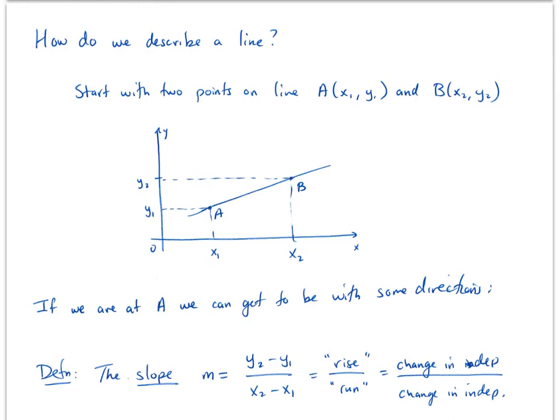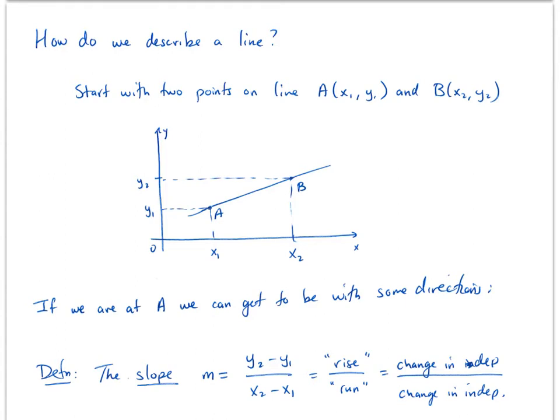So the way we describe a line is similar to how we would describe to a person that's standing at point A how to get to point B. It's almost like the way you'd give a person directions. In order to get from point A to point B, you need to go up a certain distance in the y direction, and then you need to turn right and go a certain distance in the x direction. That's how we would describe how to get from point A to point B.